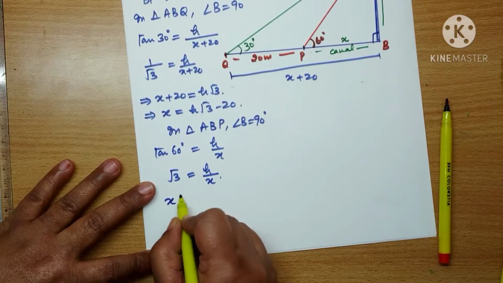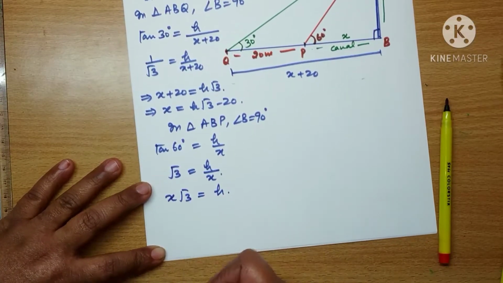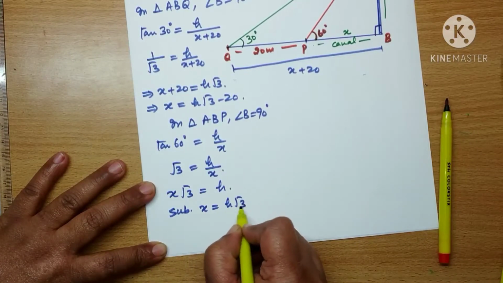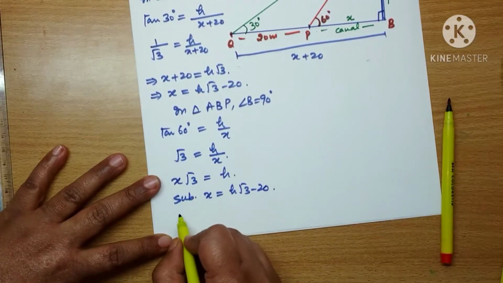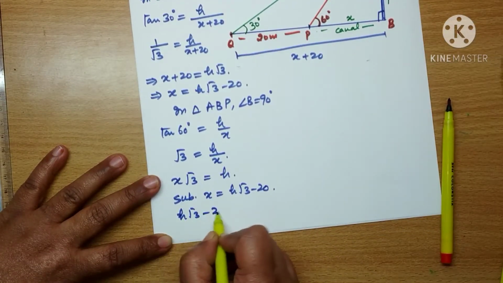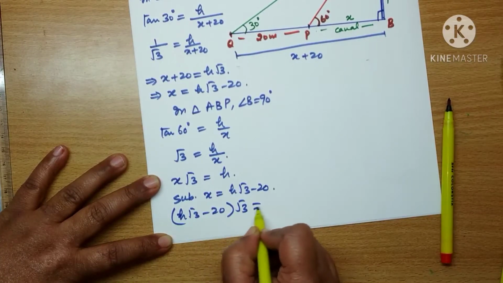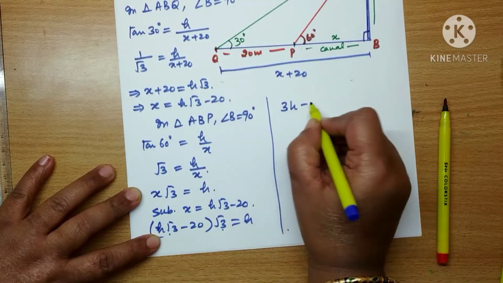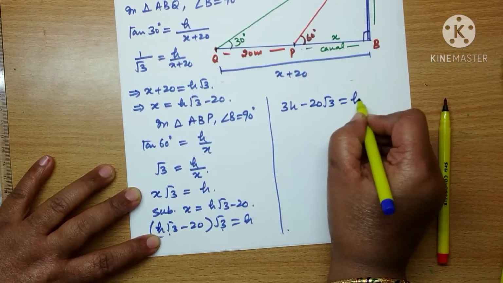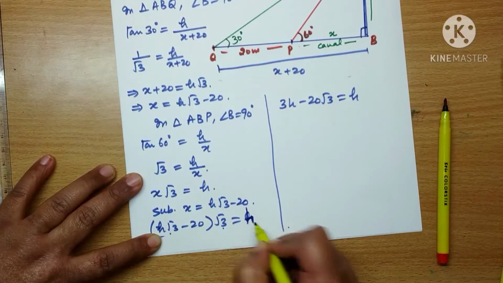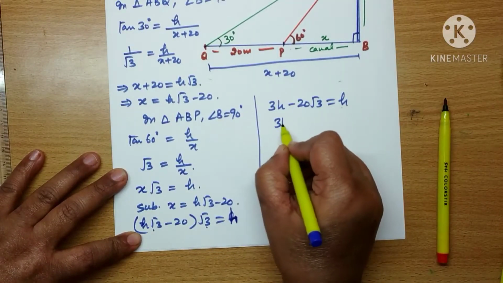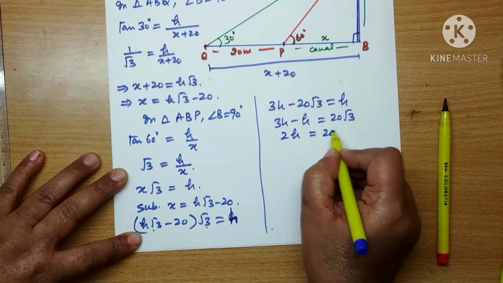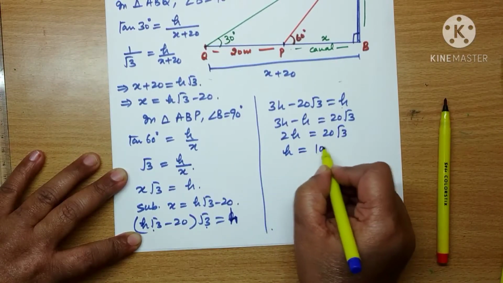So I have X root 3 is equal to H. Now substituting X is equal to H root 3 minus 20, I get H root 3 minus 20 into root 3 is my H. So we get root 3 into root 3, 3H minus 20 root 3 is equal to H, right? So I have 3H minus H is 20 root 3. That gives me 2H is 20 root 3. So H is 10 root 3.